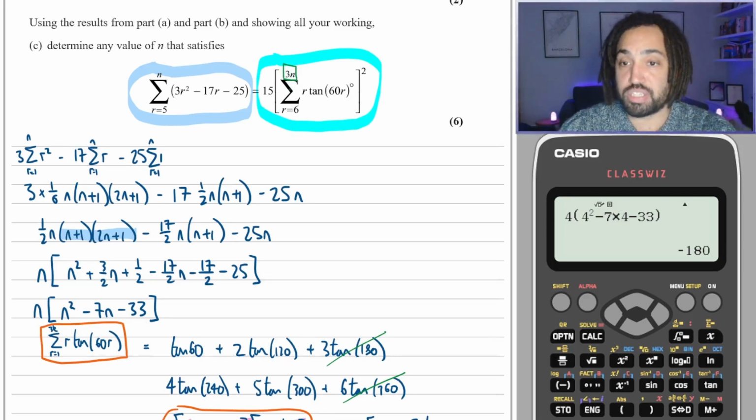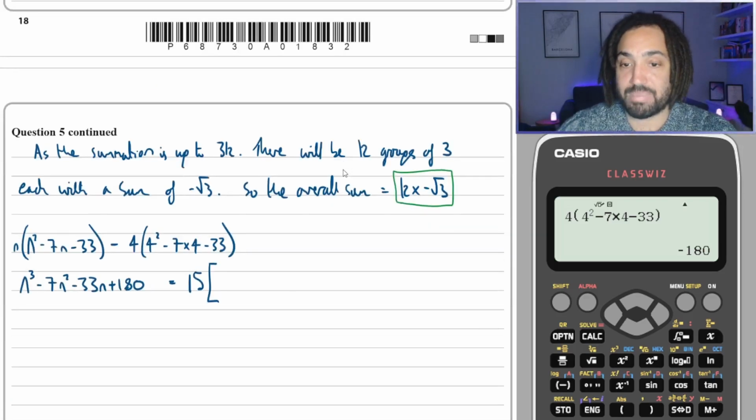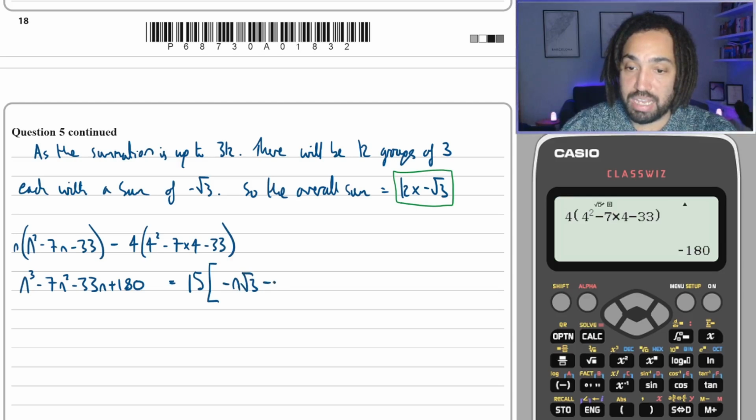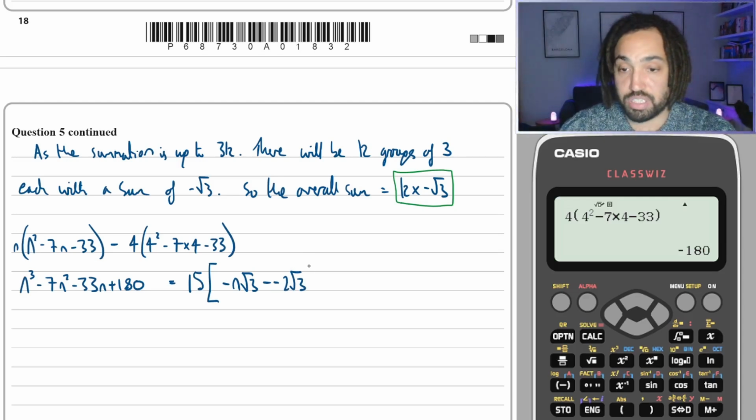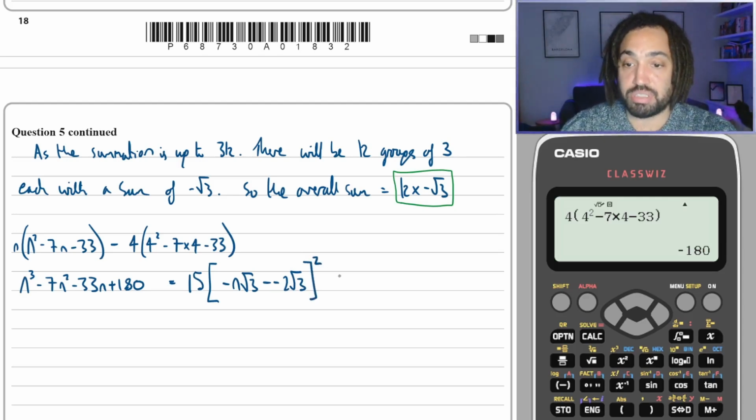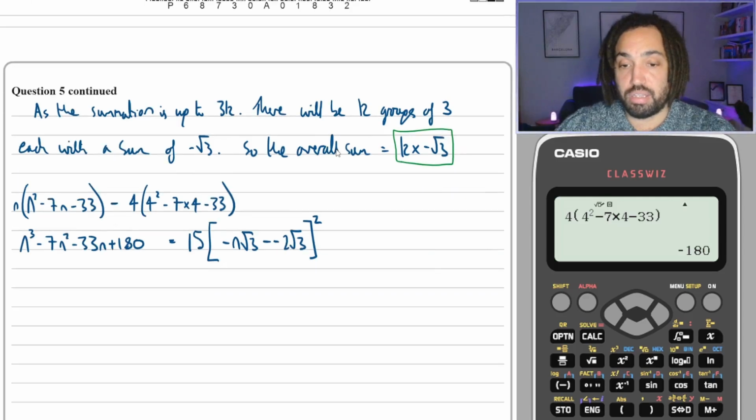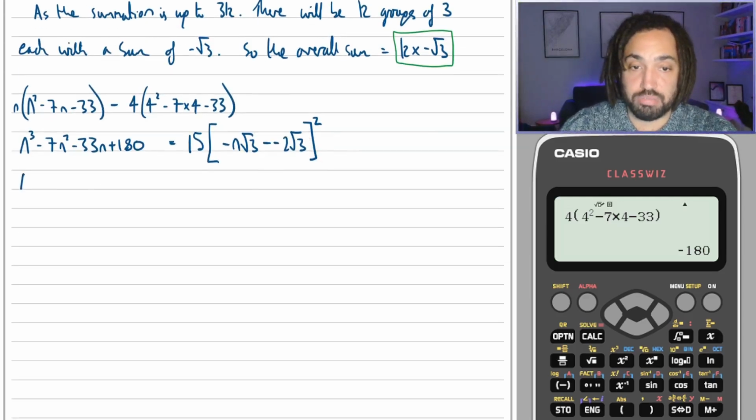So therefore this will sum to minus n root 3. But then as well we've got to take away that minus 2 root 3. So this is minus n root 3, take away minus 2 root 3 because it starts after the 6th term. It means I've got to take away the first 5 terms. And then this needs to be squared. Okay, right, I think we're on to something now.